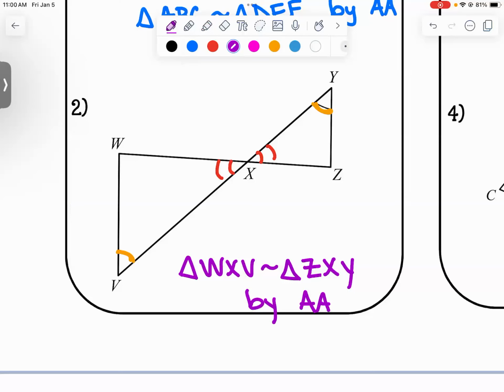So you're basically just going to have to tell me, yes, they are similar by whatever, or no, they are not.